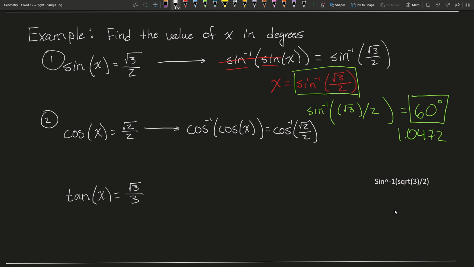And when we do that, this cosine inverse and this cosine undo one another, and we're just left with x. And then the right-hand side is cosine inverse of root 2 divided by 2. And when you plug that into a calculator or type it out, you should get that this is equal to 45 degrees.